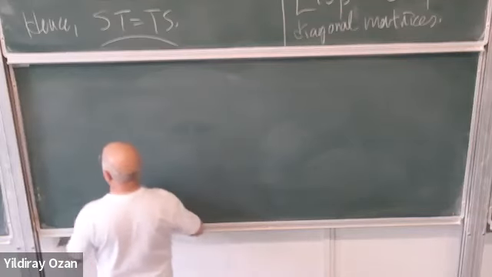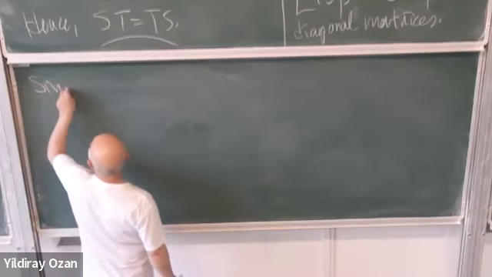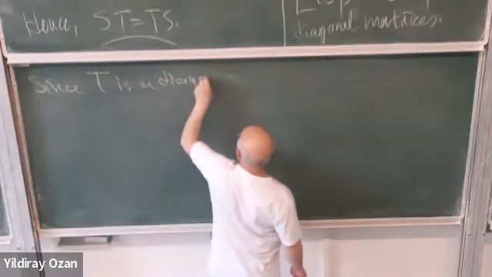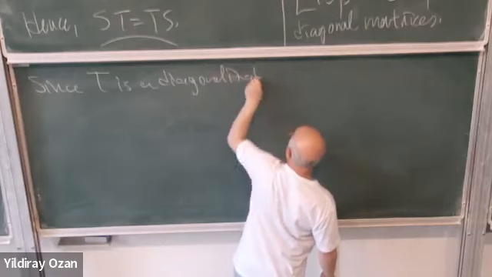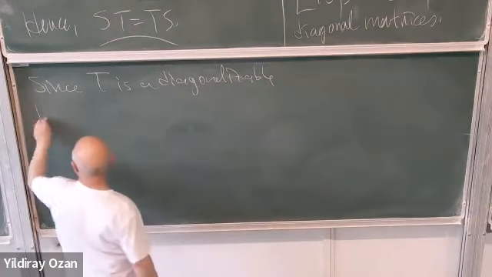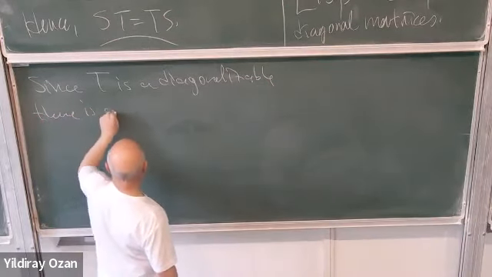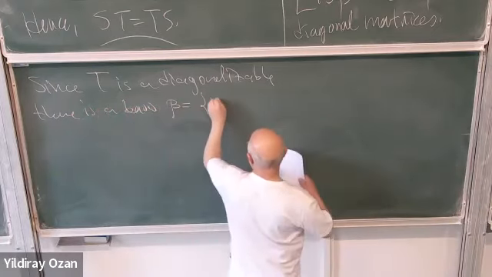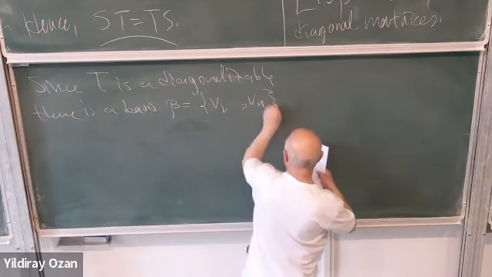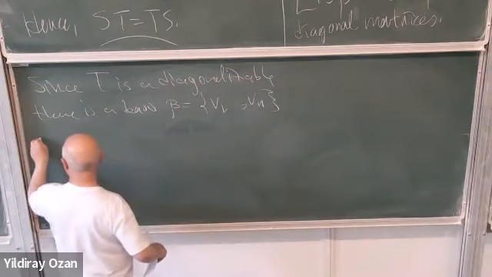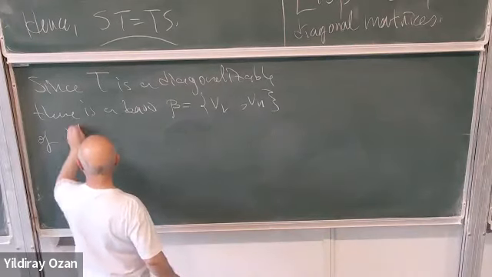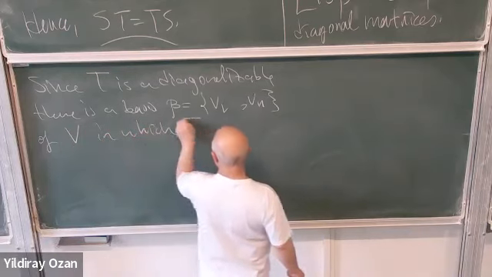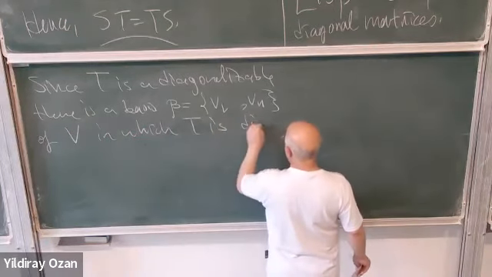Since T is diagonalizable, there is a basis beta, let's say v1 up to vn, of V in which T is diagonal.